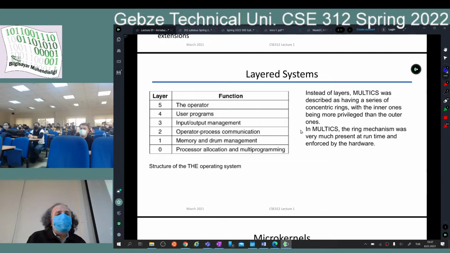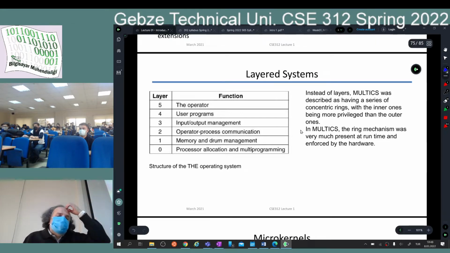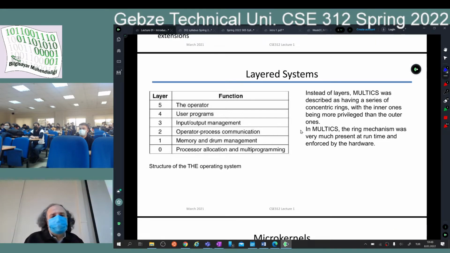So what does this mean? If I have a buggy input-output management module, that buggy module cannot by accident create a CPU scheduling problem because it doesn't have any privilege to do so. That input-output management can only modify input-output registers, etc. And most of the time, in the case of Multics, hardware will enforce this layered structure.